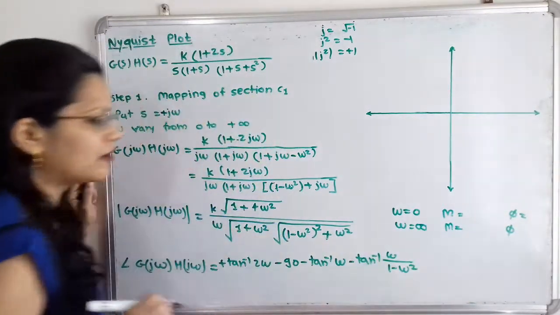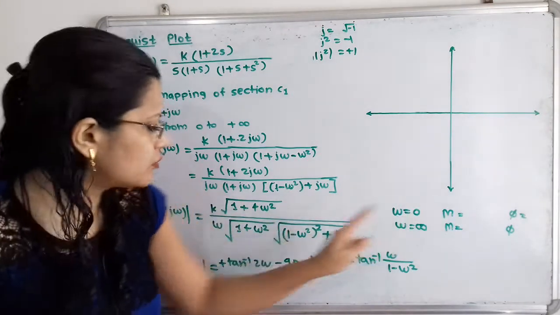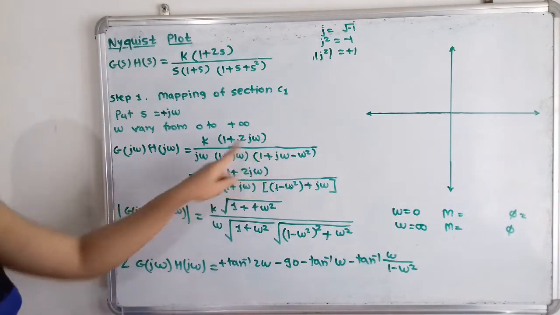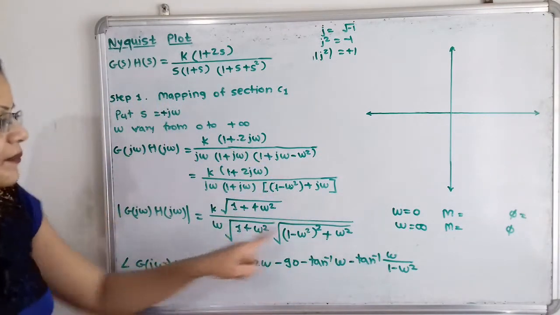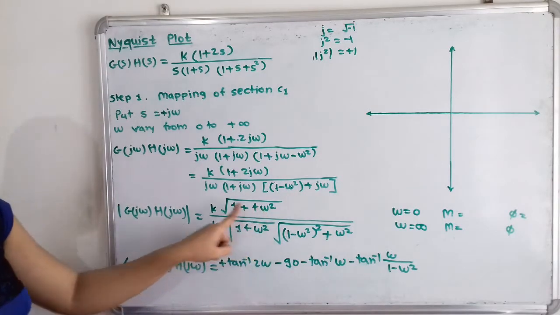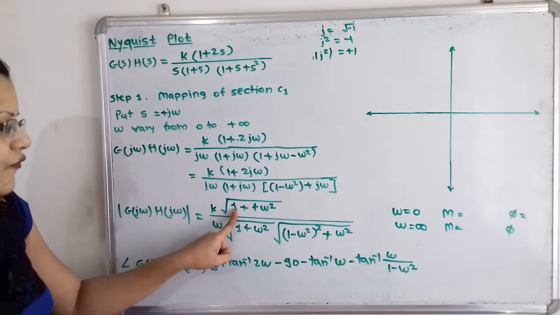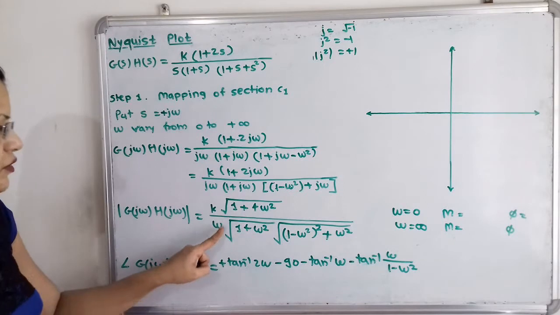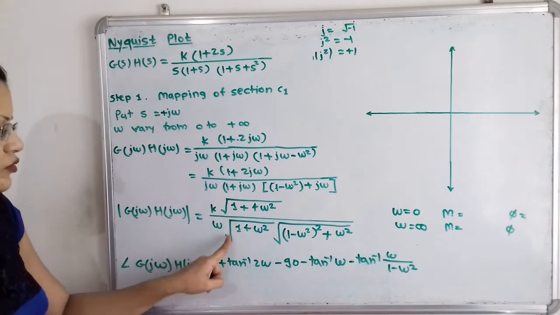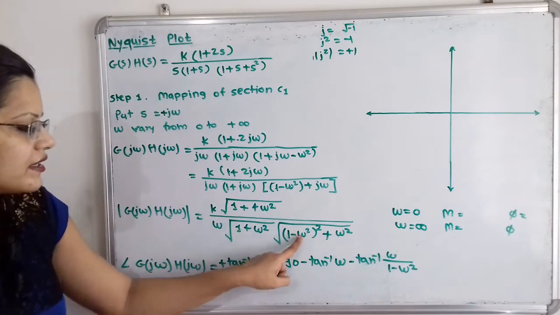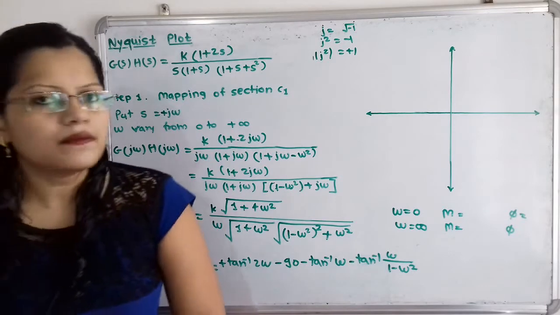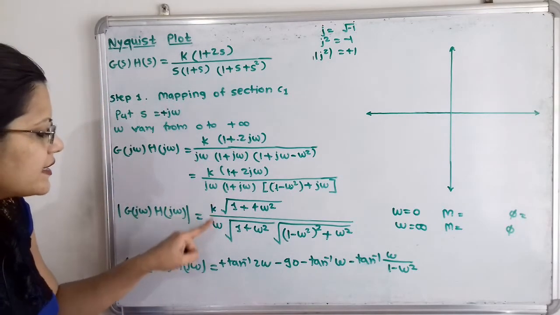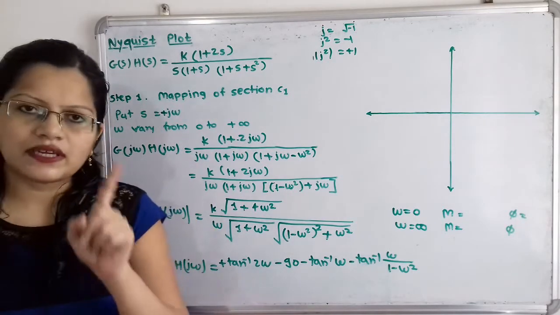So omega is equal to 0. For this magnitude, if I put omega equal to 0, the square root of 1 stays, the whole term becomes 0, the denominator is 0, so anything divided by 0 is nothing but infinity.